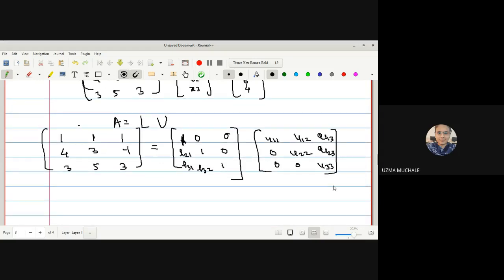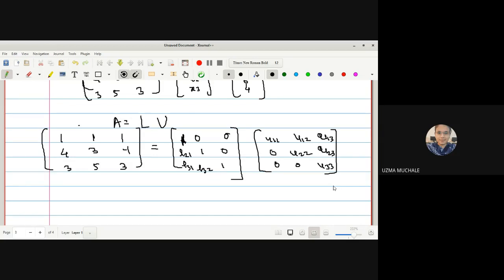If you remember all the 9 formulas, you equate and you get the answer. What is U11, U12, U13, U22, U23, U33, and L21, L31, and L32? Total 9 equations you have to solve. Or in another way, you can directly remember the formulas to get the answer.